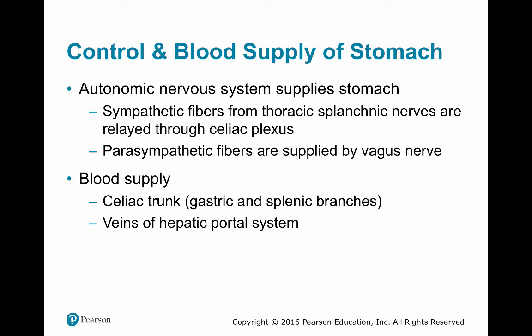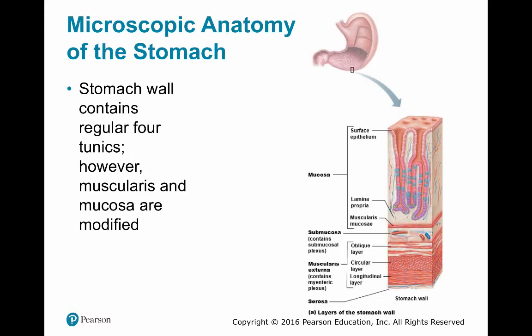Blood that leaves from there goes through the veins of the hepatic portal system, because again, we want to clean that blood before we put it back into circulation. So that's how we control the stomach, generally through the autonomic system, and how the blood gets to the stomach and back out.